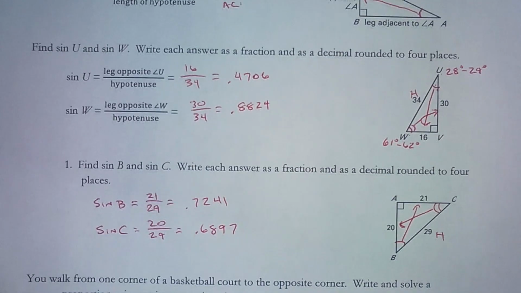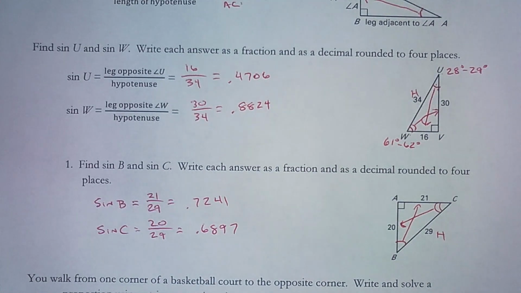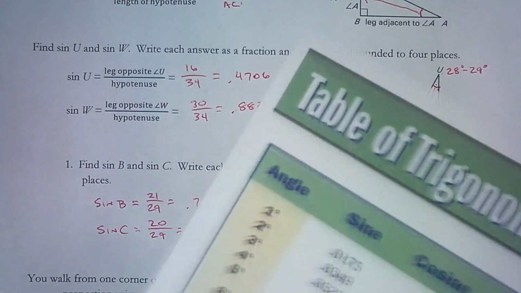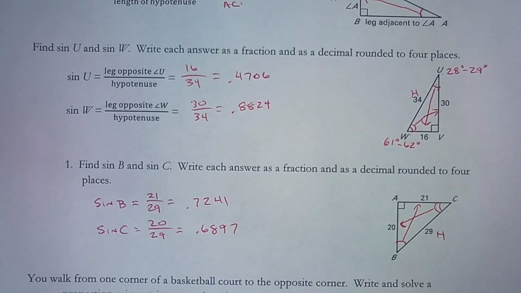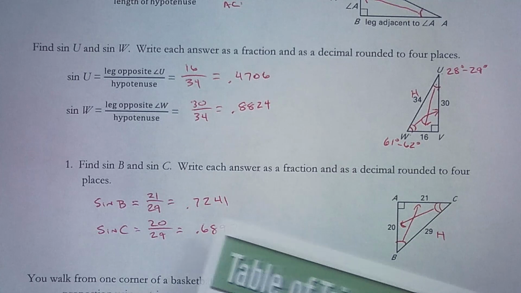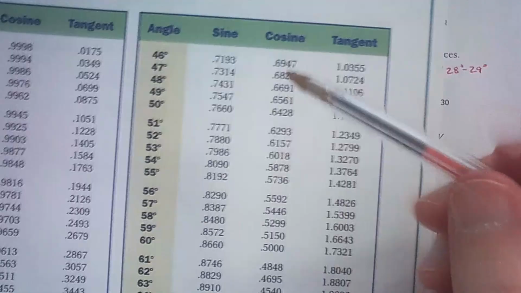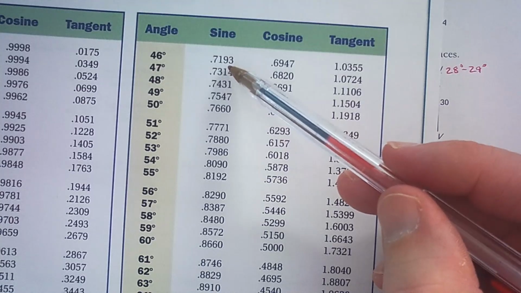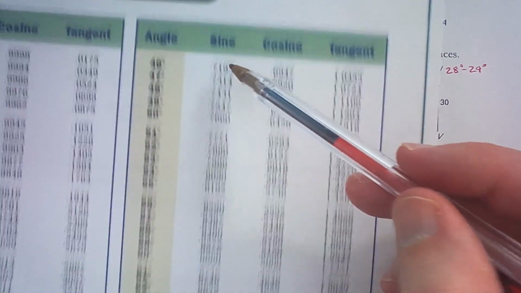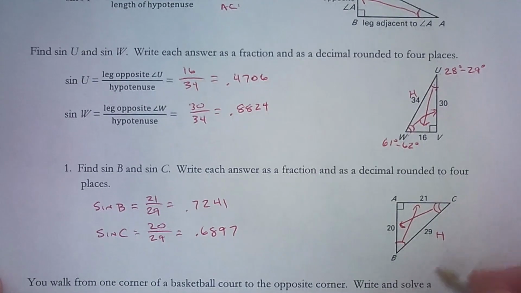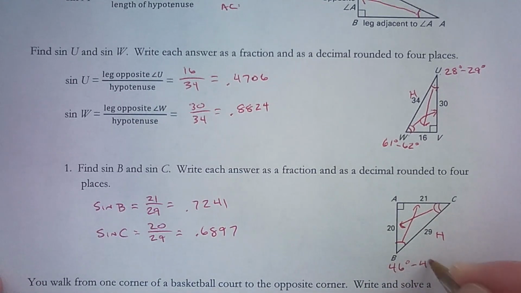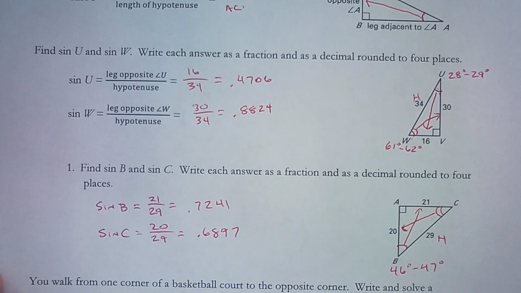0.6897. Okay, now let's approximate those angles between two whole numbers, so we won't get the decimal here. When sine is 0.7241, that's going to be right in here between 46 and 47 degrees. So angle B is between 46 degrees and 47 degrees.